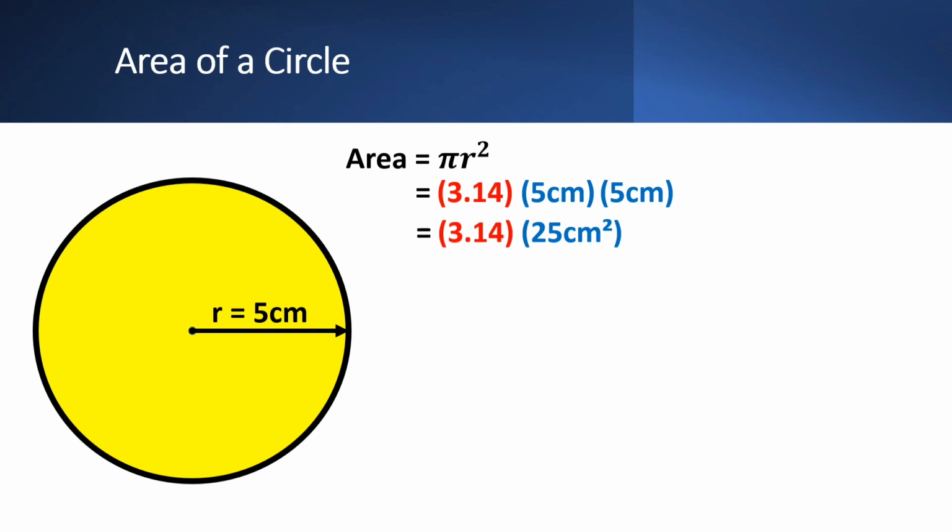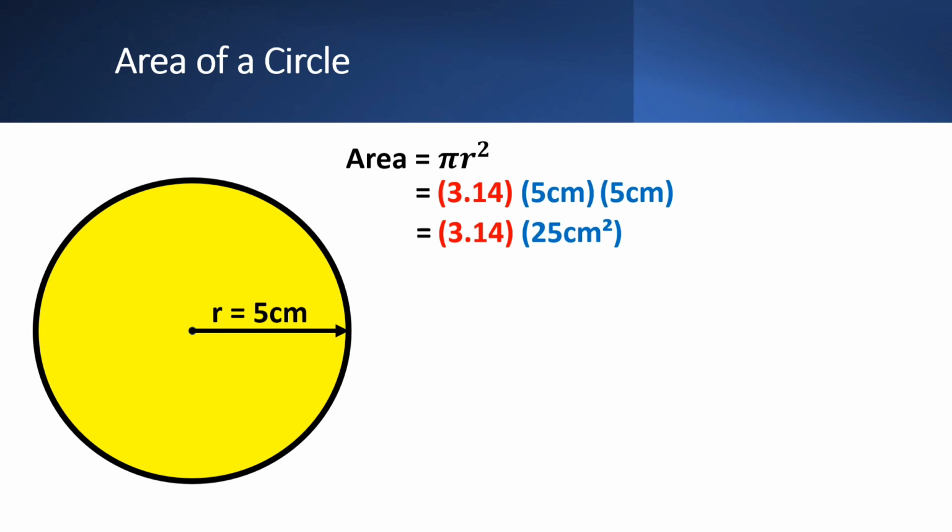Again, meron tayong exponent na 2 dahil minultiply natin ang 2 na centimeters. Kaya merong exponent na 2. Tandaan, kapag mali ang unit of measure, hindi siya matatawag na area. So kahit tama pang pag-multiply, magiging mali ang sagot because of the unit of measure. So huwag kalimutan yung exponent na 2.